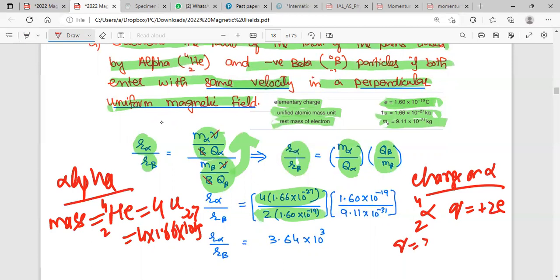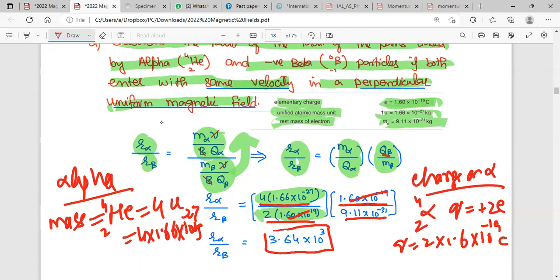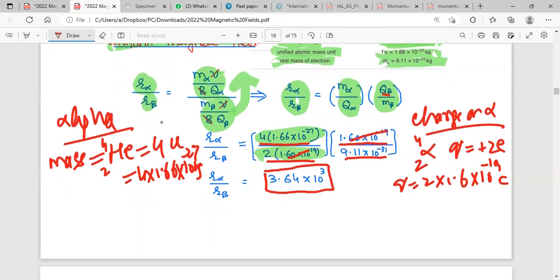That's why the charge is 2 into 1.6 into 10 to the power minus 19 coulomb. And of course, for the beta particle, it is 1.6 times 10 to the power negative 19, and its mass is equal to the rest mass of the electron. So this is cancelled away, and then the ratio is like this, 3.64 into 10 to the power 3. That is the ratio.